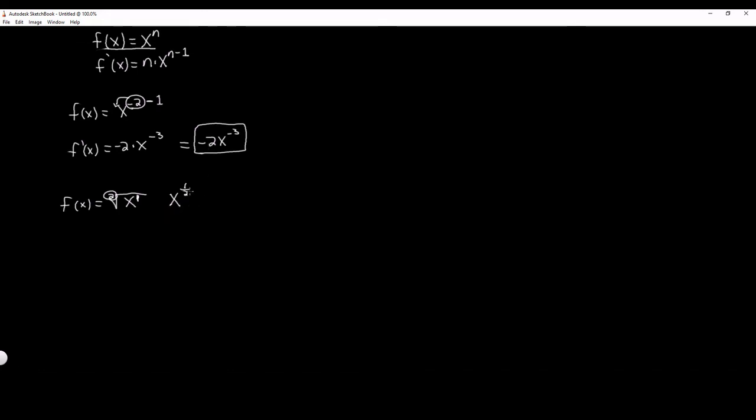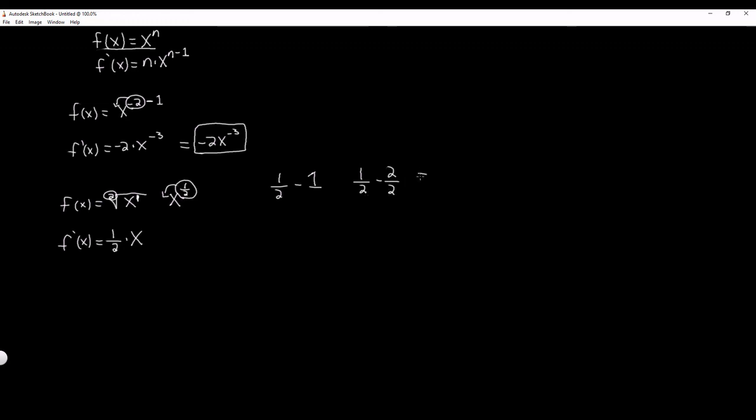So now this is x to the 1/2 power. To take the derivative now, or f prime of x, we go about it the same way. We take the exponent 1/2 and move it out to the front. So this is 1/2 times x. But then we have to subtract 1 from the exponent. And 1/2 minus 1 is the same thing as 1/2 minus 2 over 2, because we have to get common denominators.